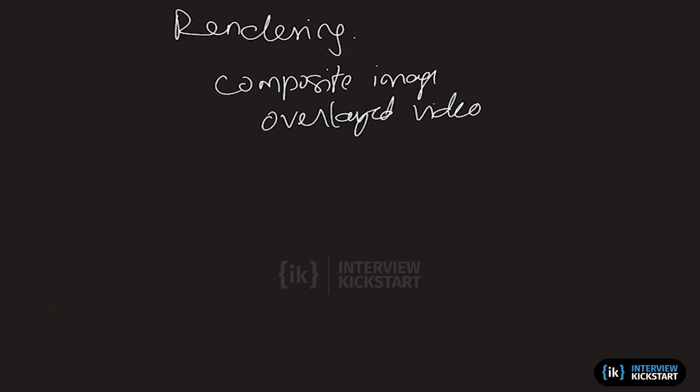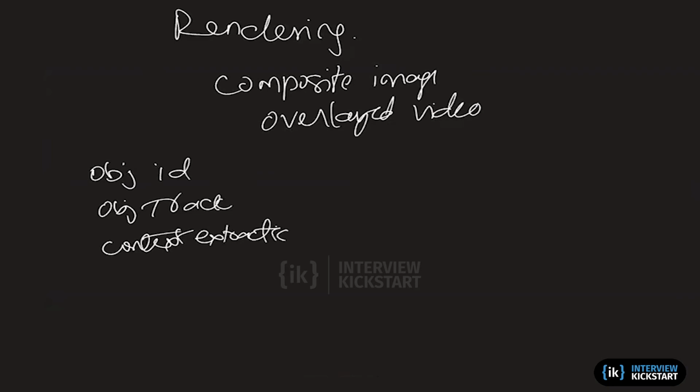So these are the main functional blocks: object identification, object tracking, and then context extraction, and then synthesis and rendering. So at the high level, these are the functionality that has been done.